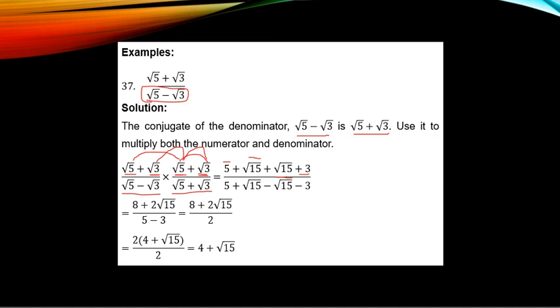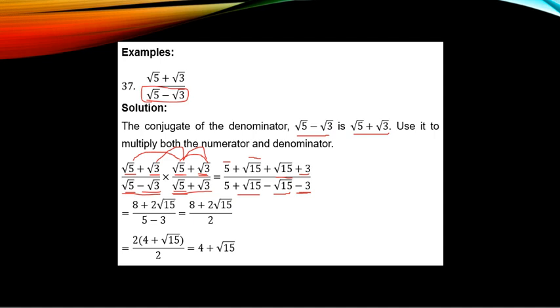In the denominator, you have root 5 times root 5, that is 5. Then root 5 times plus root 3, that is plus root 15. The second term is minus root 3 times root 5, that is minus root 15. Minus root 3 times plus root 3 is minus root 9, that is minus 3.